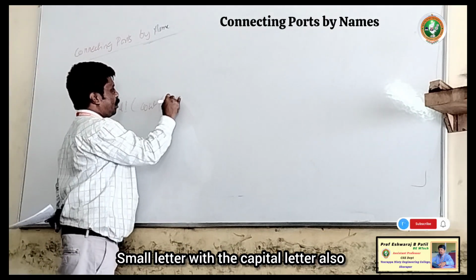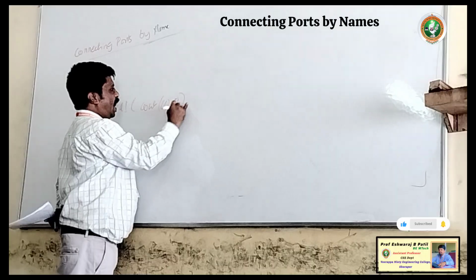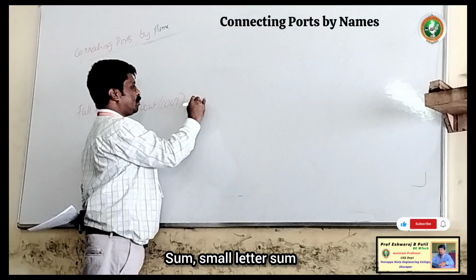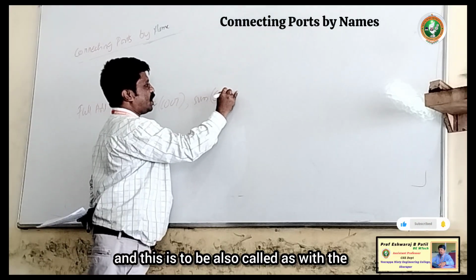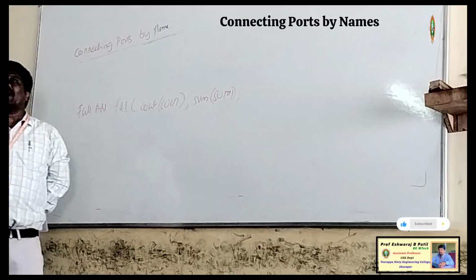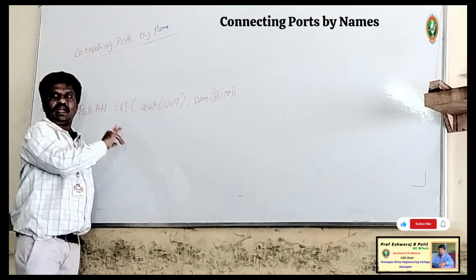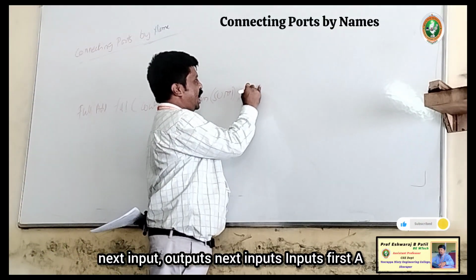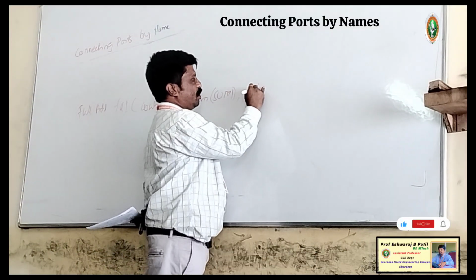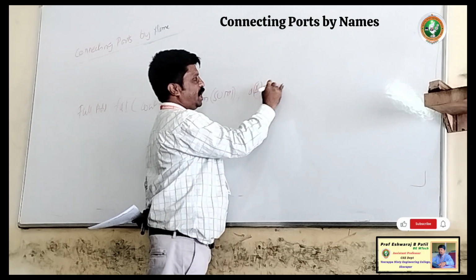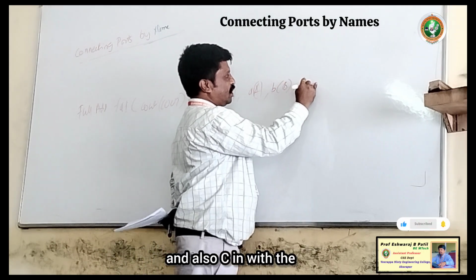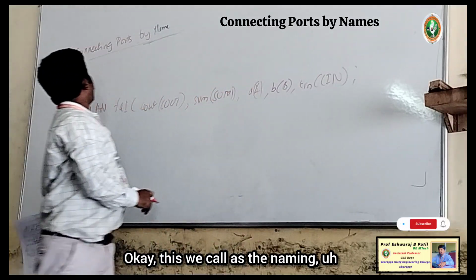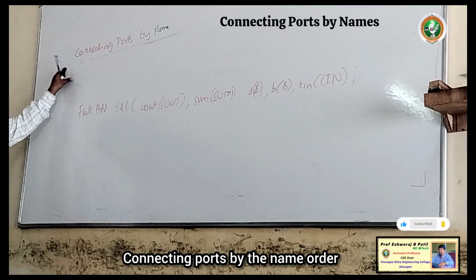Then sum, small letter sum, can also be called with the capital letter Sum. Next the inputs: A in small letter, and we can also call it with the big letter, B with the big letter B, and Cin with the big letter C in. This we call connecting ports by name order.